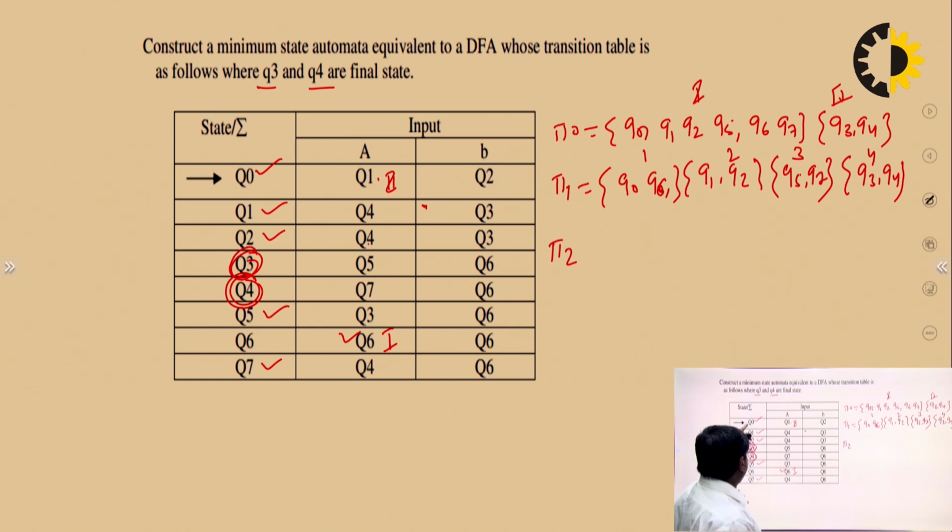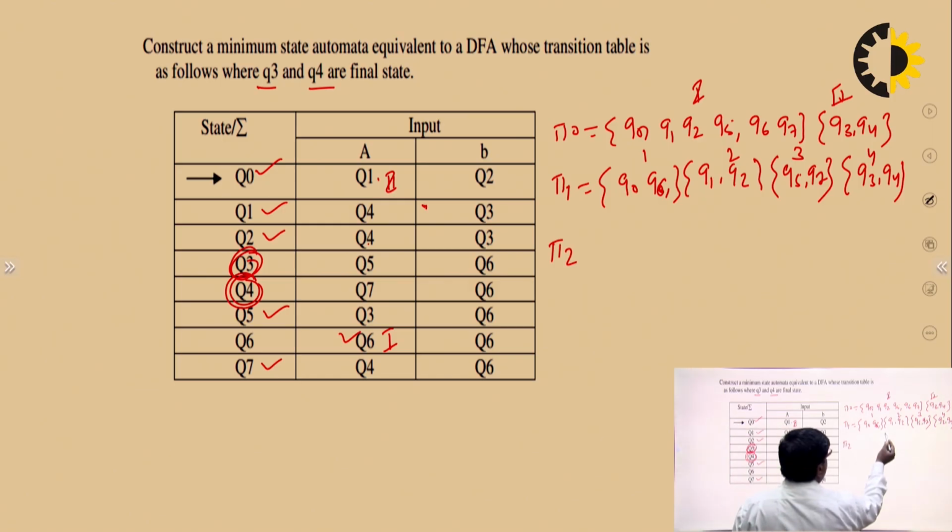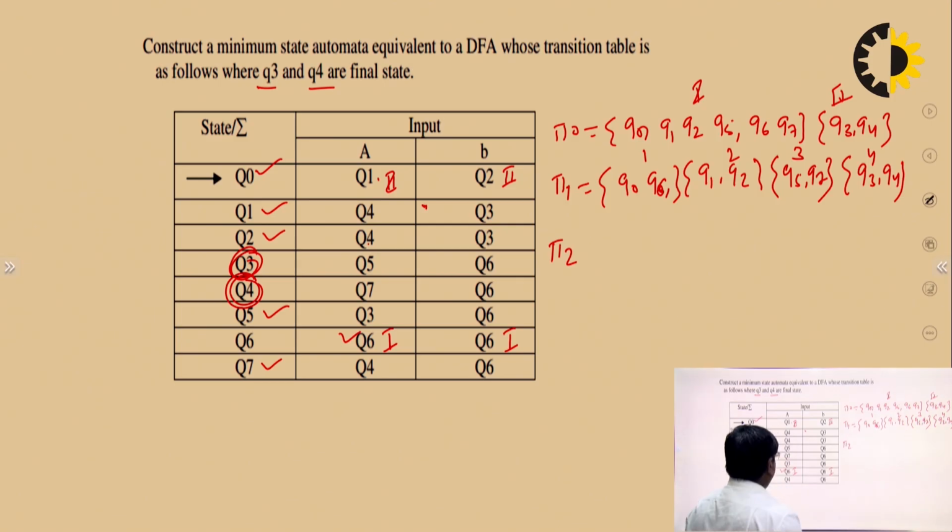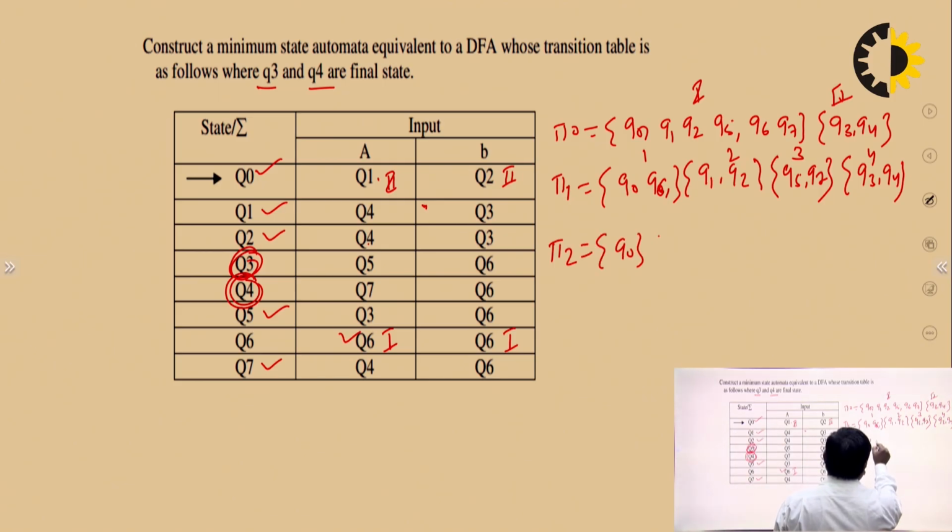Now on, we don't need to check: if this one is different, then this one is different. Q2, now Q2 is in set number 2 and Q6 in set number 1. 2 2 1 1. It means these two states do not have a similar behavior. So Q0 does not have a similar behavior with Q6.